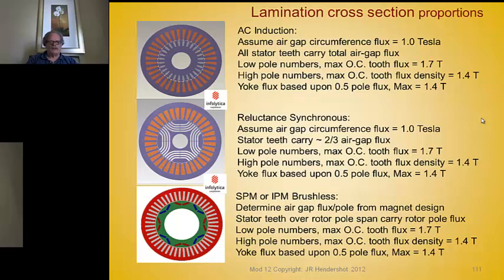Now, for low pole numbers, the maximum open circuit tooth flux in a brushless motor would be 1.7 Tesla. Of course, we don't exactly have an open circuit situation with flux. In an induction motor, if you have open circuit, there's no flux in the machine at all. But if you have a high pole number in a PM machine, your open circuit tooth density would be in the neighborhood of 1.4.